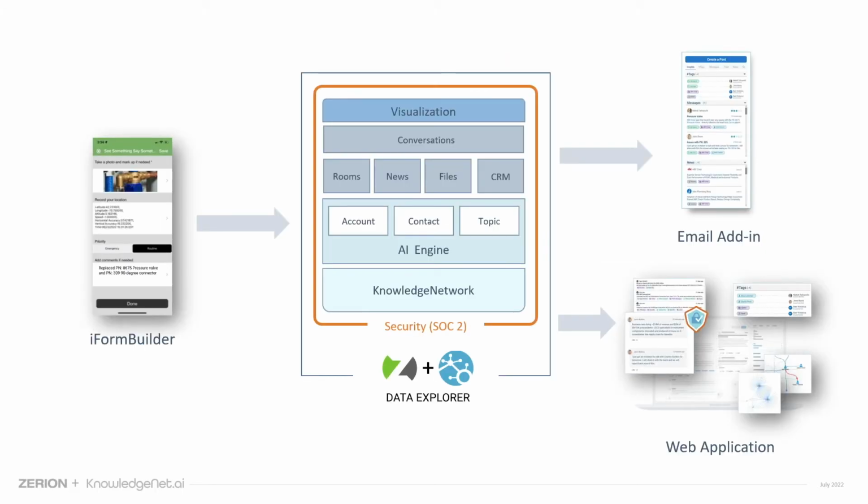So Data Explorer will provide you with intelligent digital transformation of your iFormBuilder data. It'll create a knowledge network using AI engines, so it happens automatically, to connect your data and conversations about the data to unlock insights and connections that are buried and hidden.